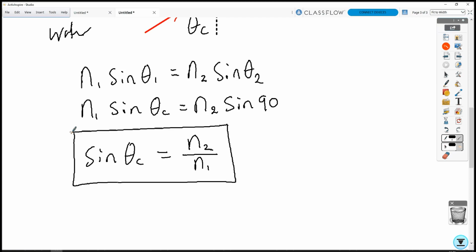You get an error, because sine theta has a range of 1 to minus 1. So you cannot enter a number into inverse sine that has a magnitude greater than 1, whether it's positive or negative. So the condition here is that n1 is larger than n2.